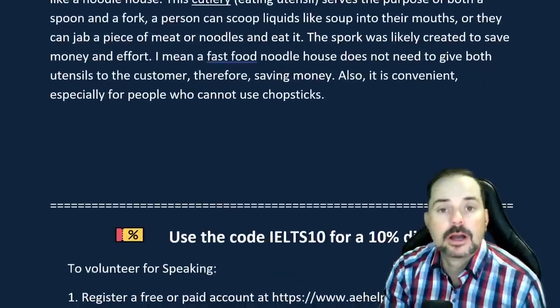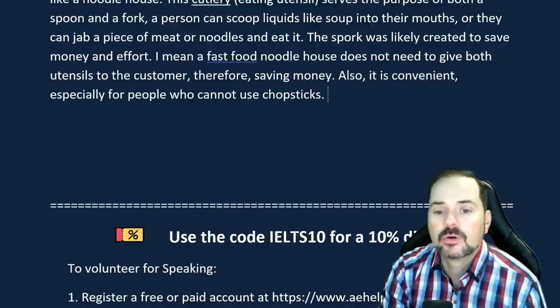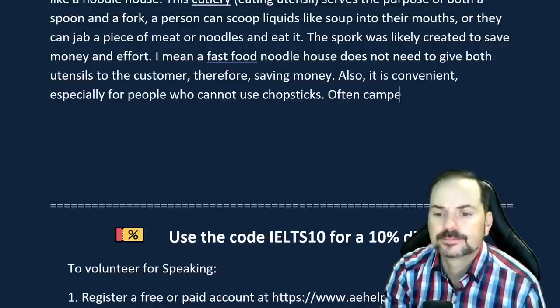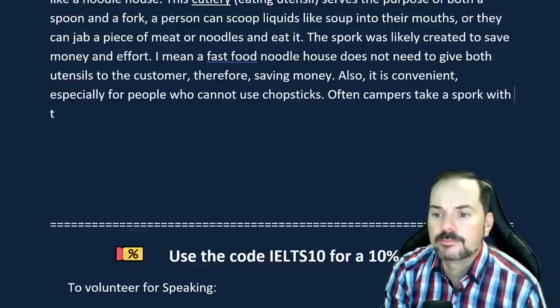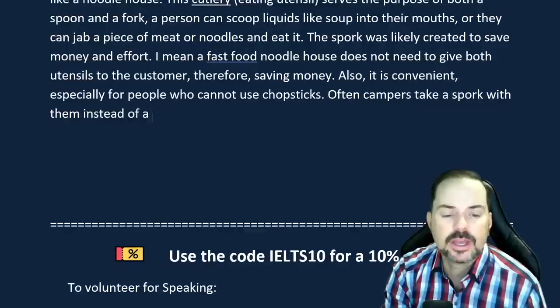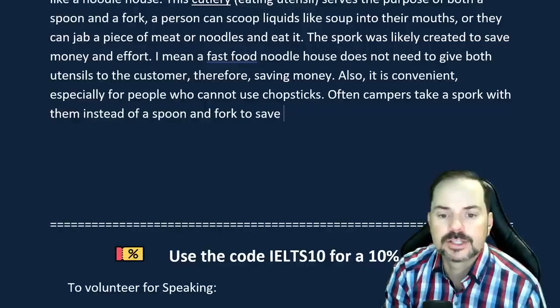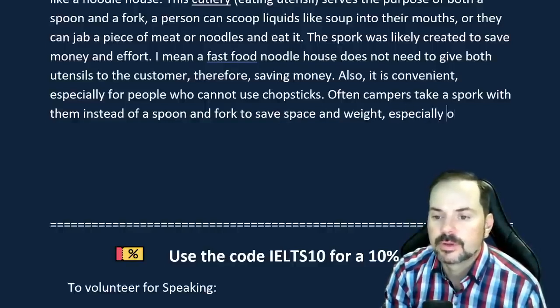And then keep going with the camping, right? So often campers take a spork with them instead of a spoon and fork to save space and weight, especially on long hikes.